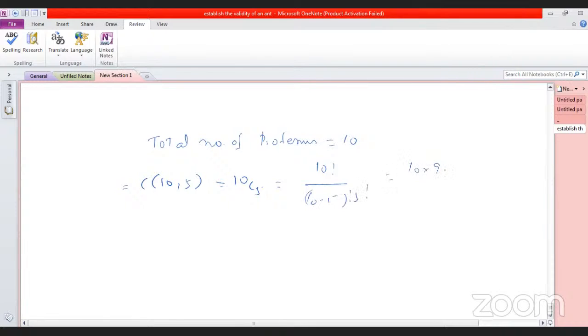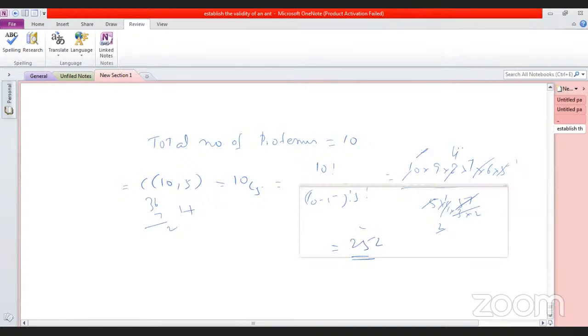That is 10, 9, 8, 7, 6, 5 factorial over 5 factorial into 5 factorial, which simplifies and multiplies to 252. Yes, we are writing it.